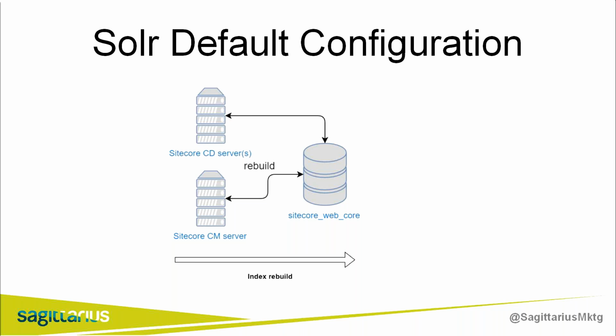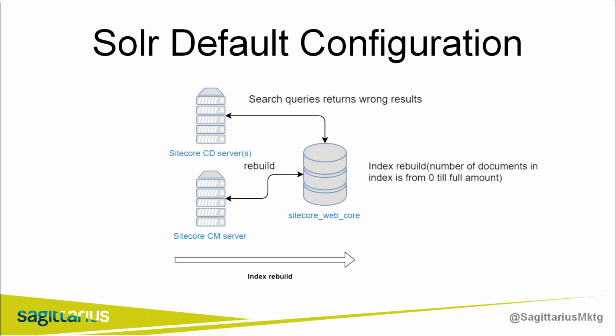But how to deal with a rebuild? When we start a rebuild, the Sitecore CM server starts rebuilding the index from 0 documents. And on the rebuild start, there are no documents in the index. And that's bad, because 0 documents in the index means 0 search results on the CD server, and that causes search to not return anything.